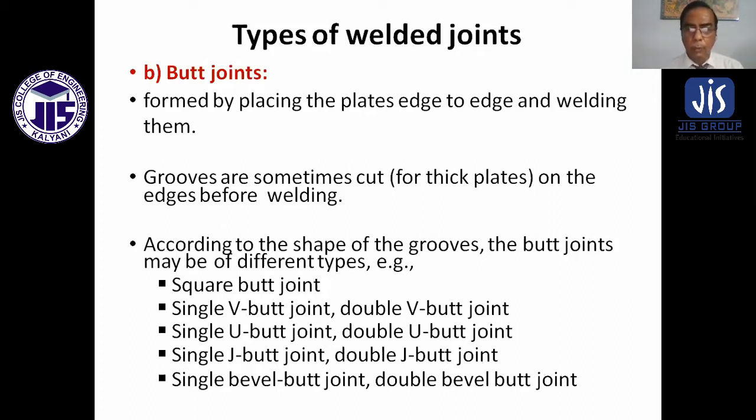According to the shape of the grooves, the butt joints may be of different types, that is square butt joint, single V butt joint, double V butt joint, single U butt joint, double U butt joint, single J butt joint, double J butt joint, single bevel butt joint, and double bevel butt joint.